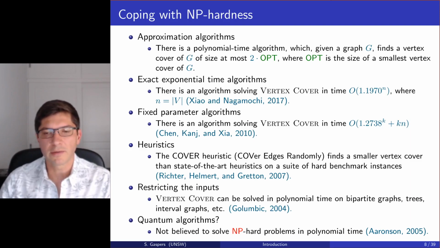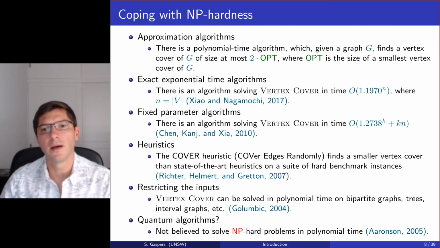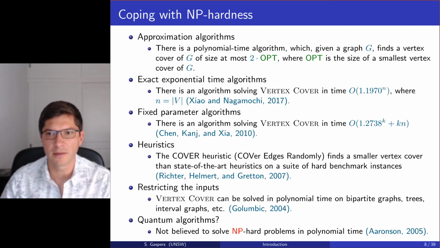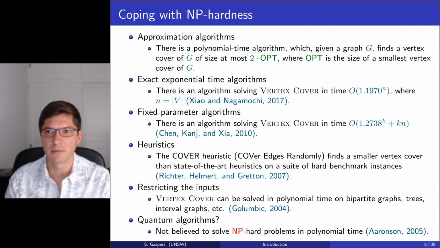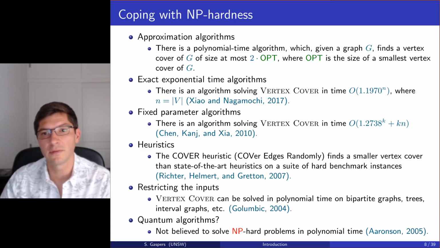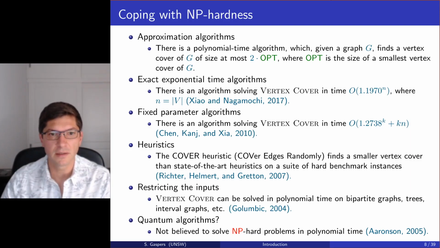If we are not happy with exponential running times, even moderately exponential running times or exponential running times that depend on a parameter that's smaller than the number of vertices, then we can also design heuristics. Those are quite similar to approximation algorithms, but they don't give us a guarantee of optimality.